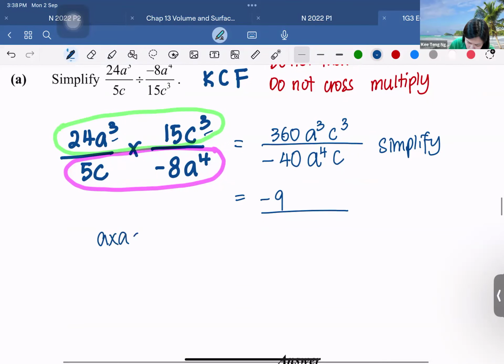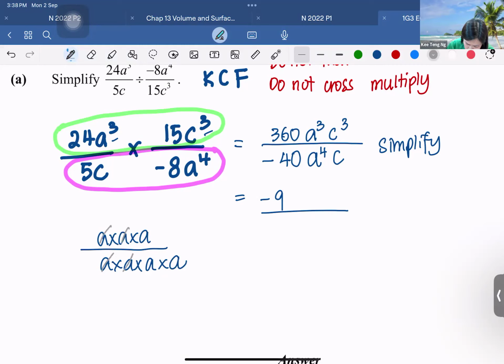On top, there are 3 of them. Denominator, 4 of them. After I cancel, how many left? 1. Yeah. Top or bottom? Bottom. So I put the A at the bottom.